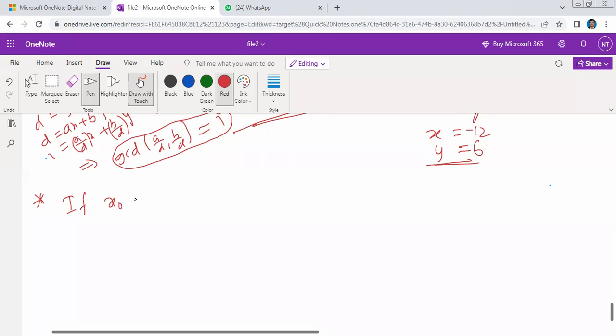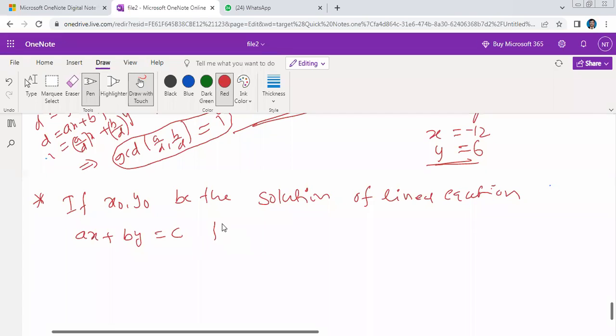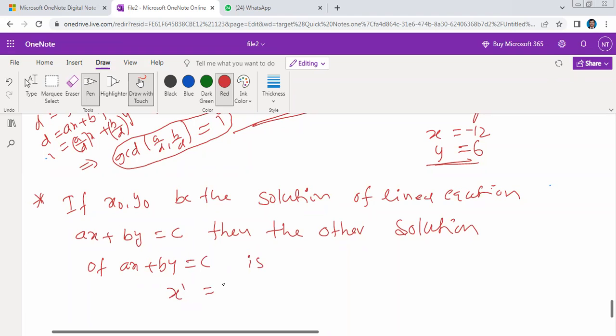If x naught, y naught be the solution of a linear equation ax plus by is equal to c, then the other solution of ax plus by is equal to c is x dash is equal to x naught plus b by d into t.